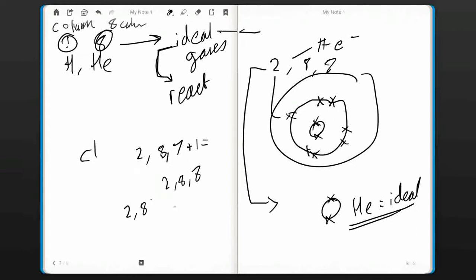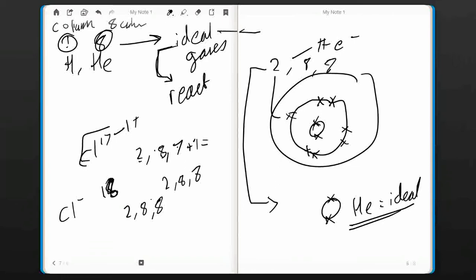But it's not called chlorine anymore, because chlorine is 17, meaning it has 17 electrons. See, 2 plus 8 plus 7, 17. And then we add the 1, it'll become 18. So it'll actually be Cl minus, because it has 18 electrons.